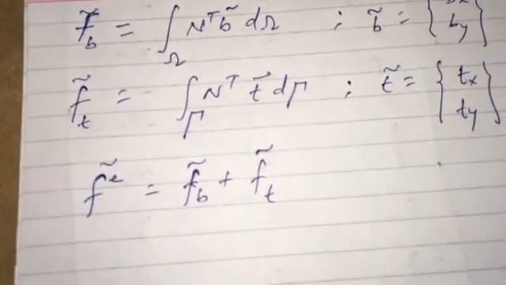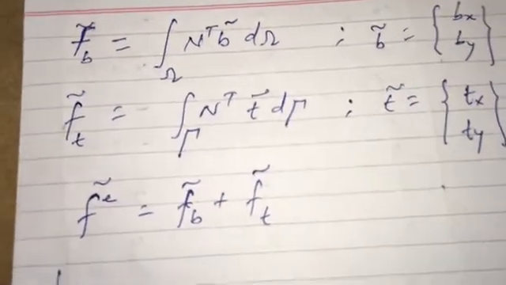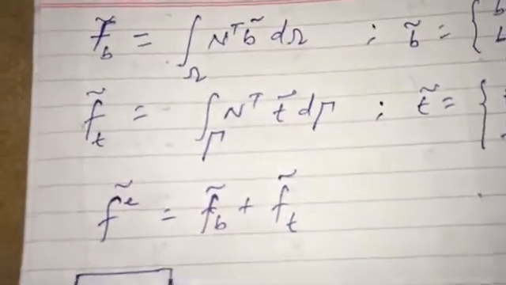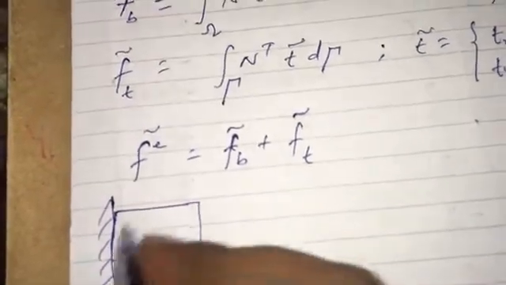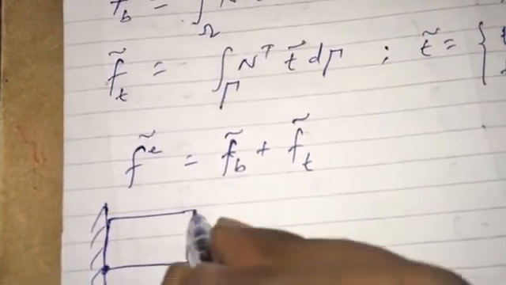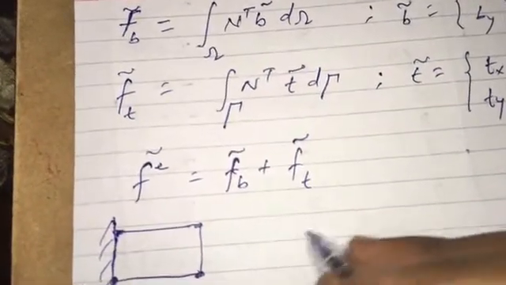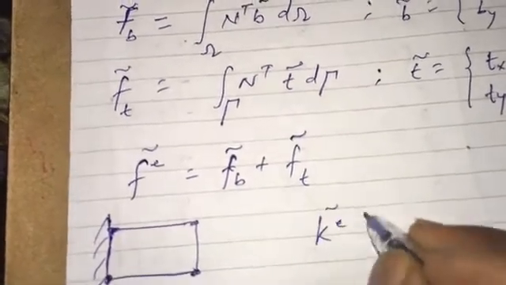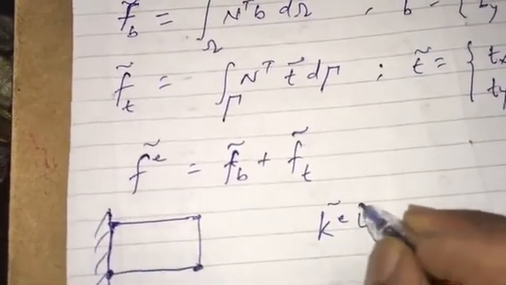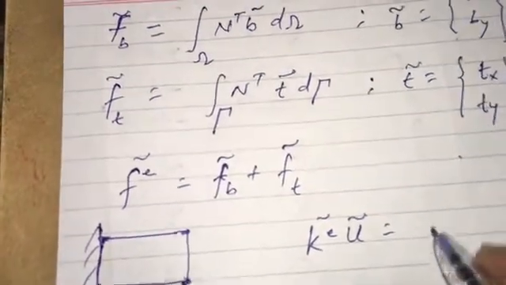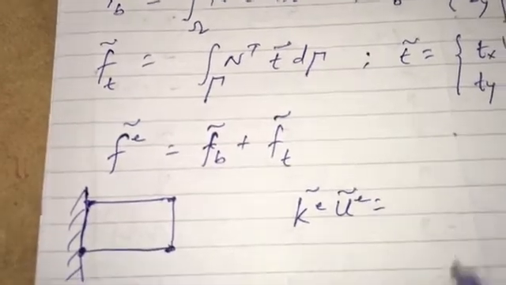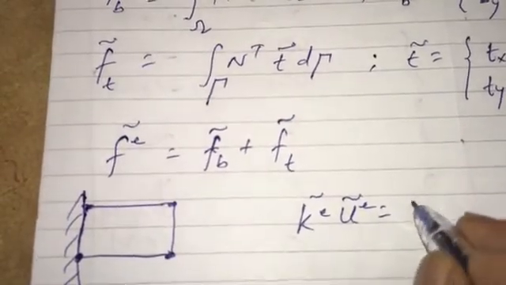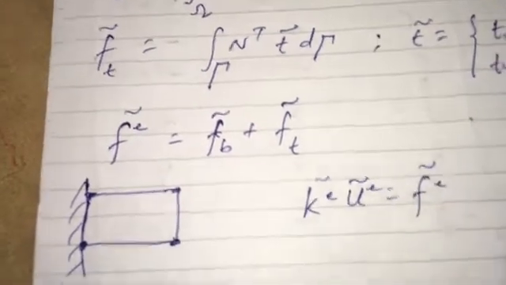And let us say if we had only one element, the problem is something like this one. Then the equation will be K E U E is equal to F E, like this one.